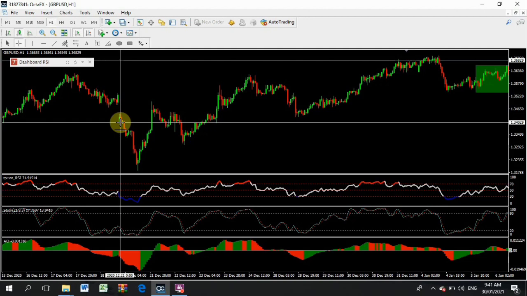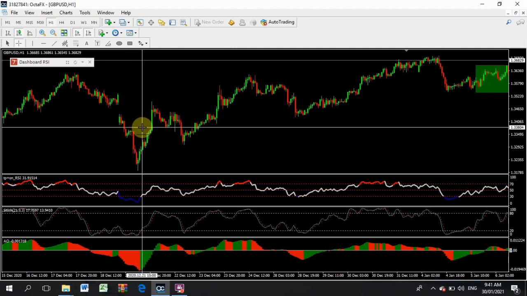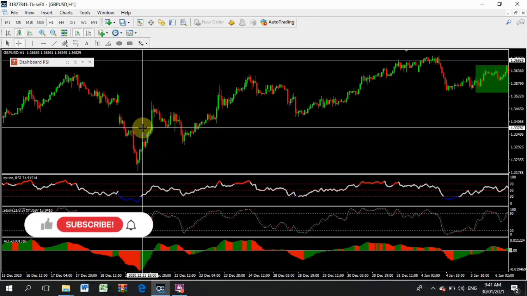Do you know why? Because your RSI is still below the oversold level, and the same with your stochastic oscillator. So you enter that particular trade immediately you see that they cross out of that area. That's when you enter your trade. So you should have that in mind.